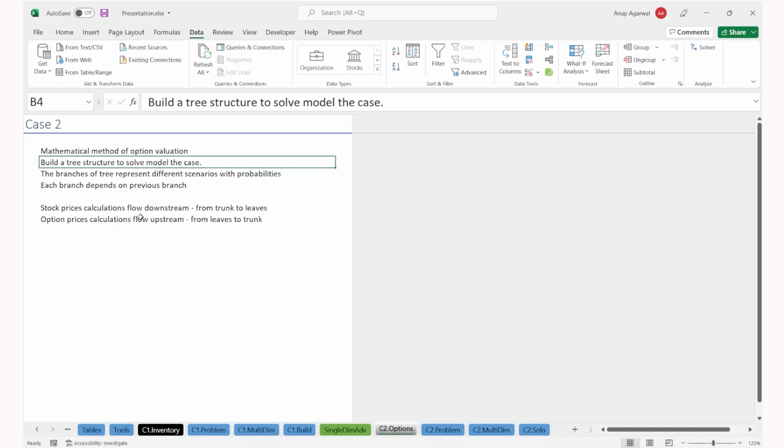And the method works that from today, you figure out the future at different months. So let's say this is the beginning of January, you figure out what could be the price at the end of January, and let's say the end of Feb, end of March. So every future date, the price depends on what it was on the previous date. And then let's say the option only expires in June.